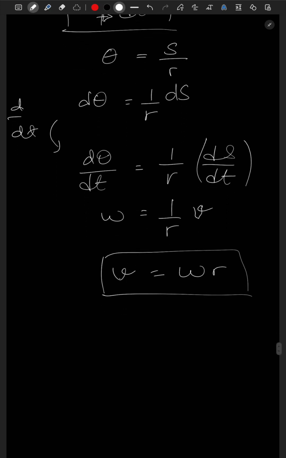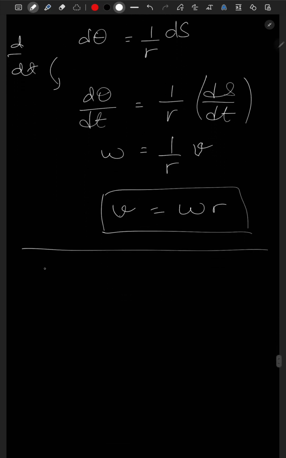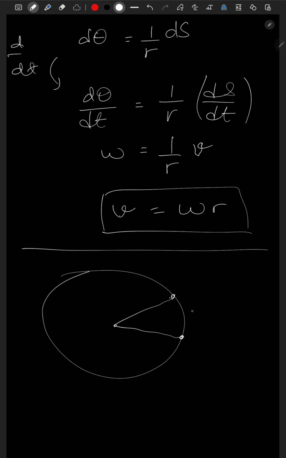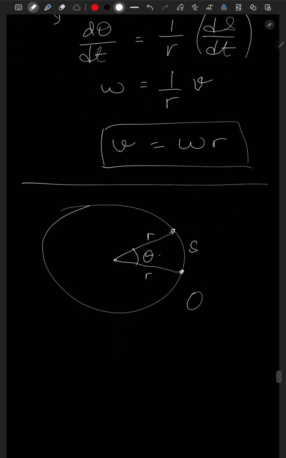Now let's relate angular speed with the time. So we know that in a circle, the particle would be covering the distance s equals r theta. Now let's assume that theta is 2 pi, so it has covered a whole circle.